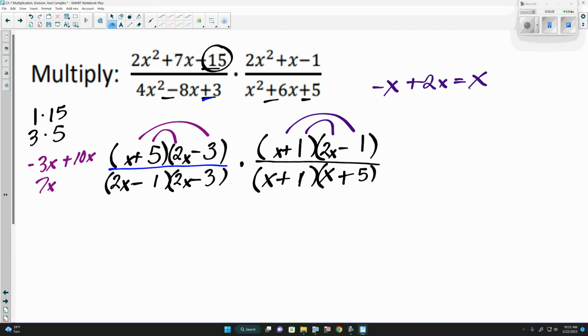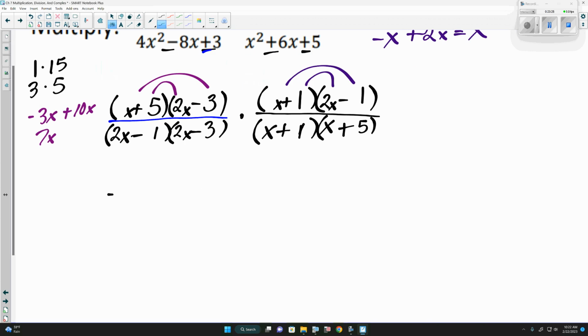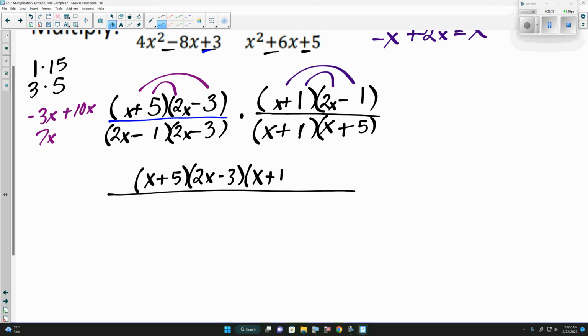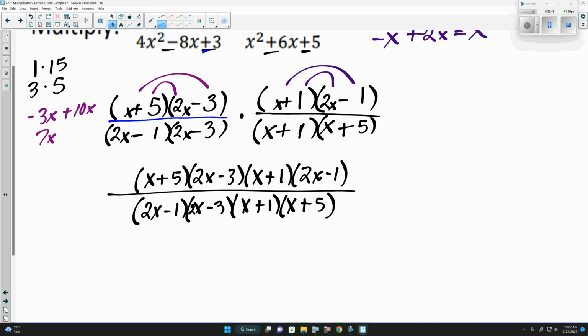Now at this point here, we can multiply the numerators and denominators together. The numerators are going to become x plus 5 times 2x minus 3 times x plus 1 times 2x minus 1. The denominator is going to be 2x minus 1 times 2x minus 3 times x plus 1 times x plus 5.